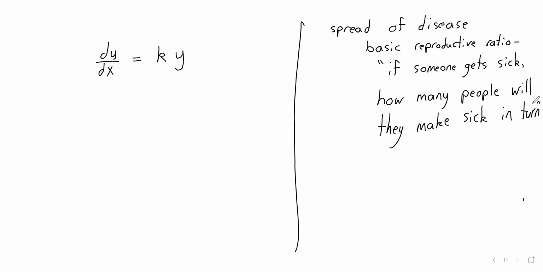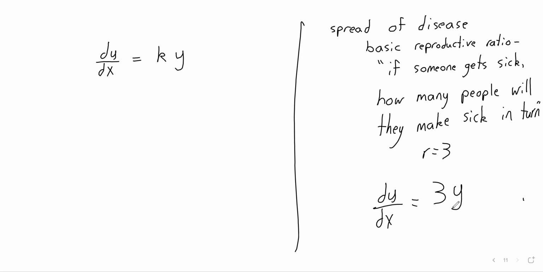So let's say R equals 3. And we ask, how is this disease spreading? At what rate are people getting sick? Well, there are currently y sick people, and the rate it is spreading at is 3 times the number of currently sick people.